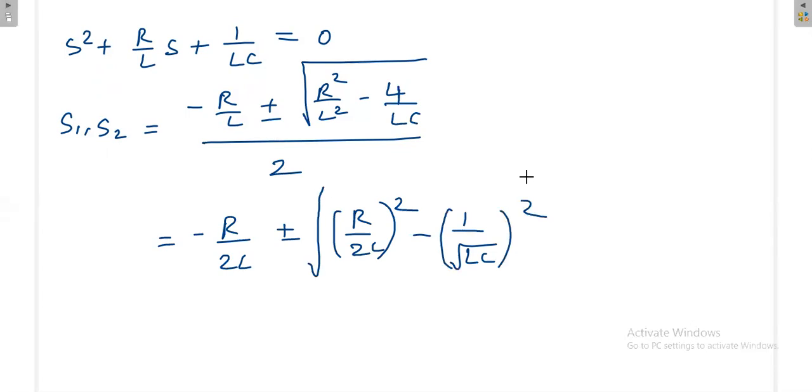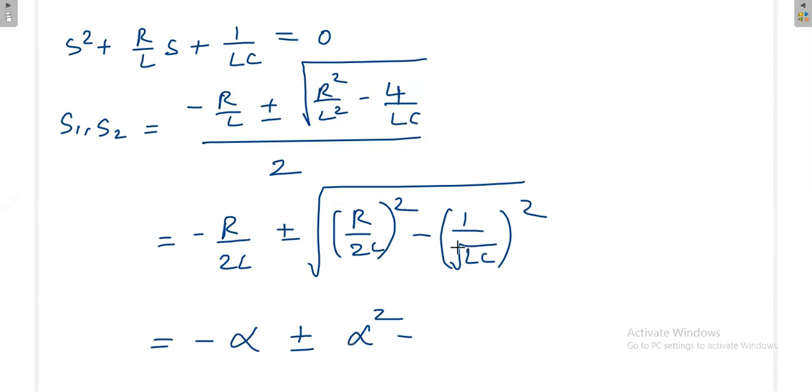Now this is the equation: minus R by 2L plus or minus square root of (R by 2L) whole square minus (1 by square root of LC) whole square. Once you observe this nature, this term I will put as some number alpha, plus or minus the square root of alpha square minus some new number.